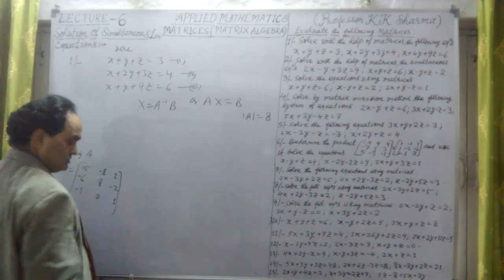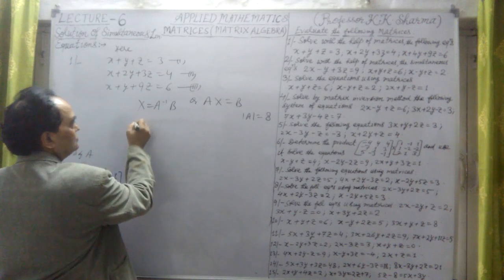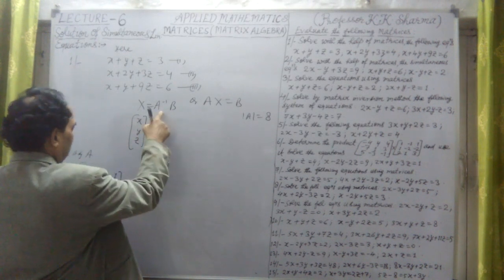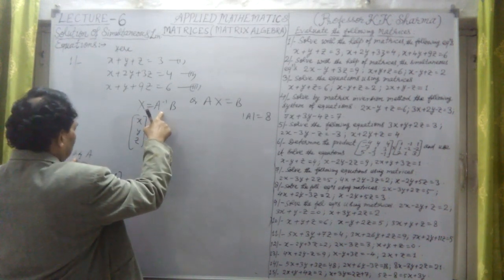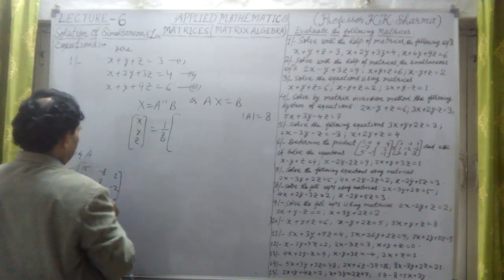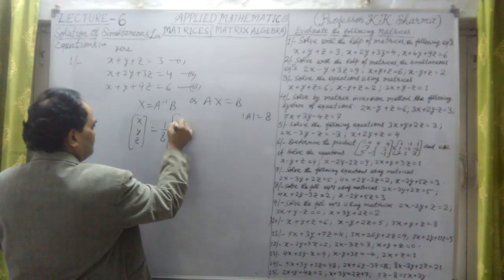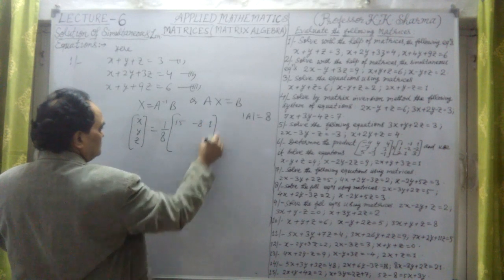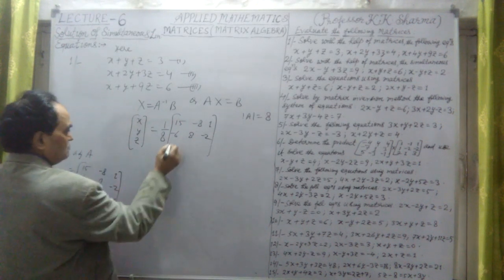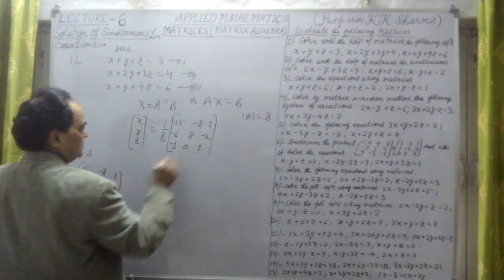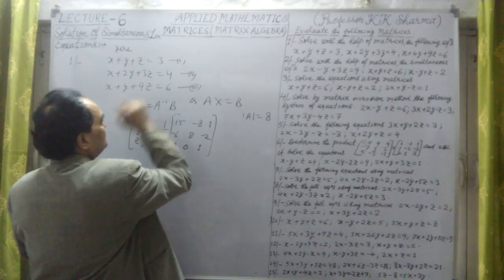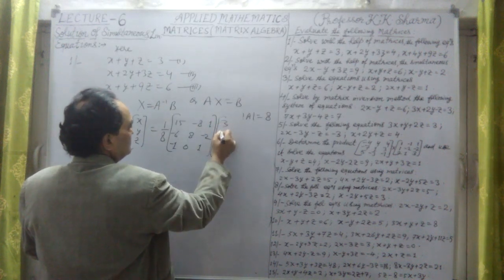Adjoint is this, therefore X, meaning X, Y, Z, is equal to A inverse times B. A inverse is adjoint of A upon determinant of A, that means 1 upon 8 times this value in brackets, which is the adjoint of A: 15, minus 8, 1, minus 6, 8, minus 2, minus 1, 0, and 1. Into B. Now B is here 3, 4, 6.